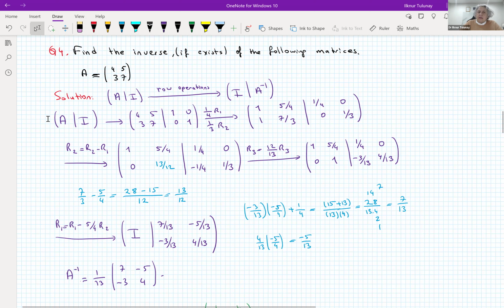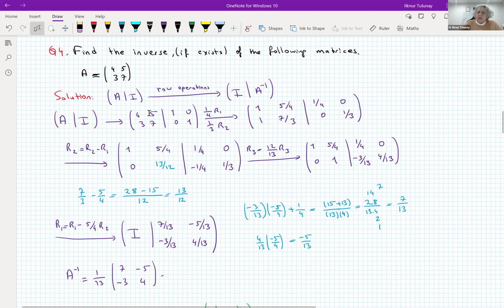This is what I mean. So you have the matrix A, 4, 5, 3, 7, and you have the 2 by 2 identity matrix, which is 1, 0, 0, 1. We want to make this side look like an identity matrix, which means we want this position 1, this position 0.